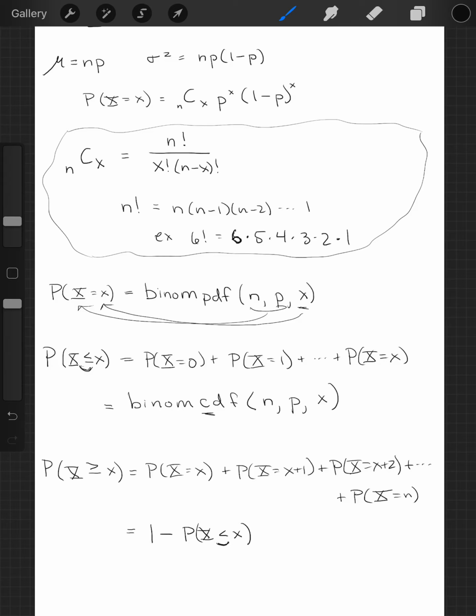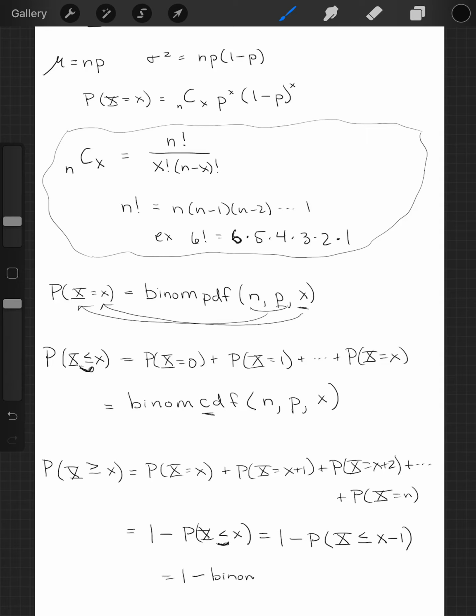So those are your two options. You can either be greater than or equal to, or you can be strictly less than. Now this again is not quite what we do with our binomial CDF, but since we're only doing counting numbers here, you can say that that's less than or equal to x minus 1.